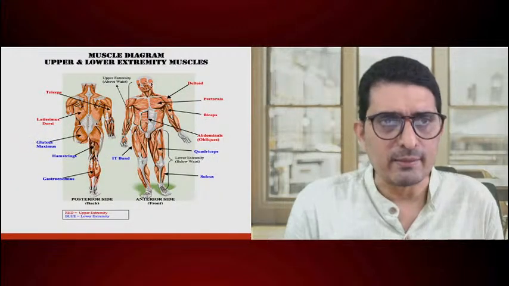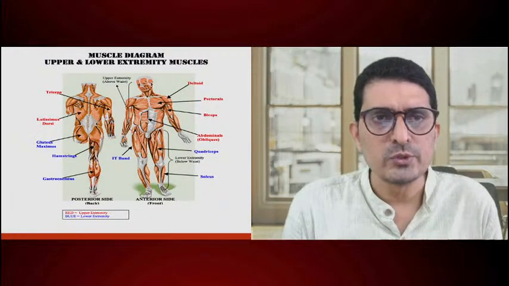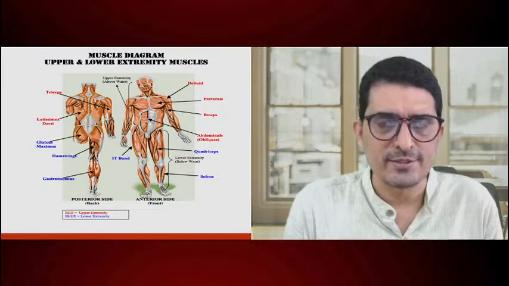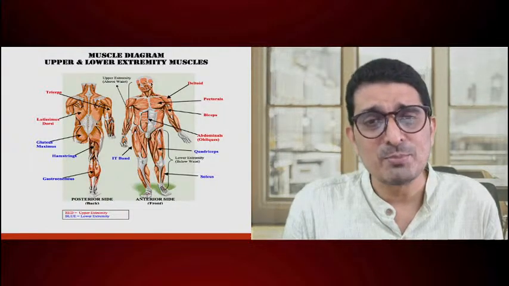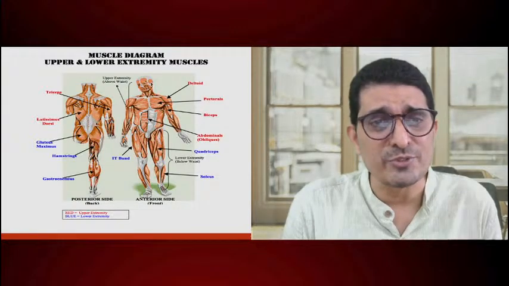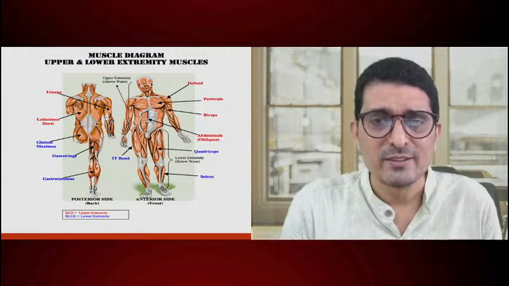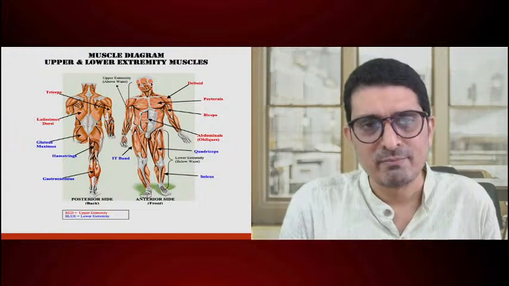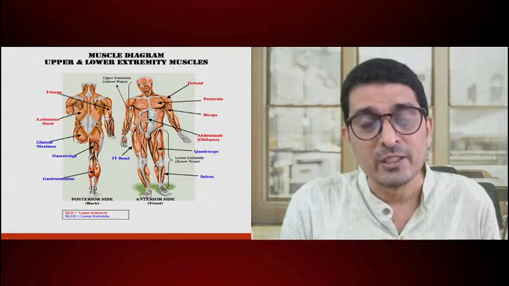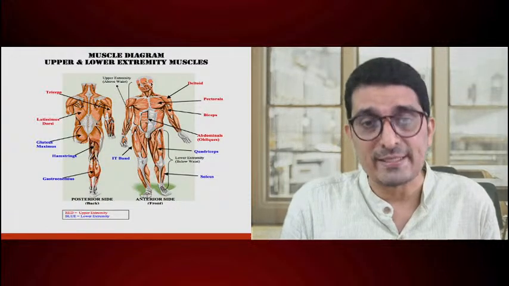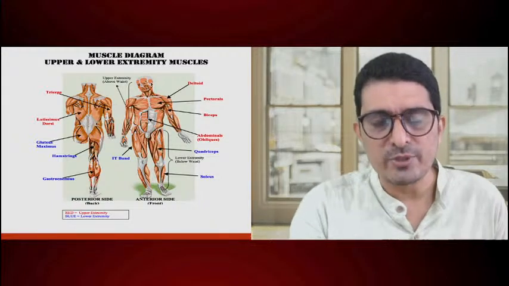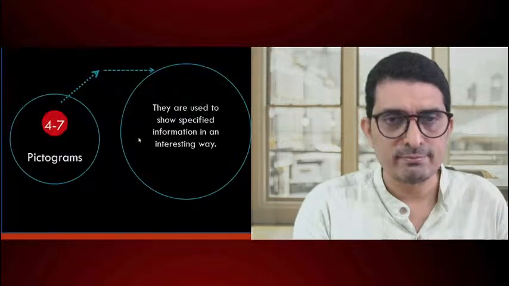This is a diagram of muscles, upper and lower extremity muscles. By looking at this diagram, your students can get more information on different parts of the human body. Sometimes they may not be able to catch all this information by reading long passages. So just teach them how to get information from diagrams.